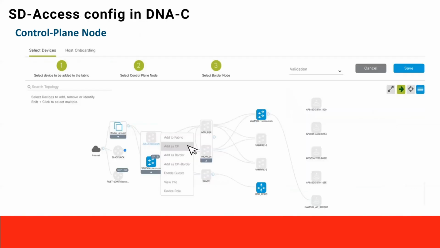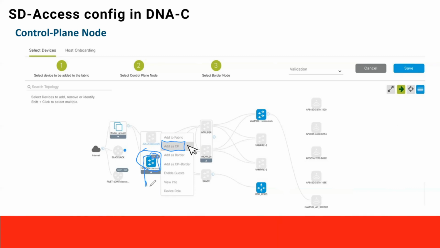So in DNA Center, this is how the fabric looks, and to assign the role you have to right click on this or just click on it and assign the role of control plane node. In the lab section we'll see later on how we can assign different roles. This is how a control plane node is assigned its role, and when it is assigned you can see a small CP on the head of this blue fabric device.